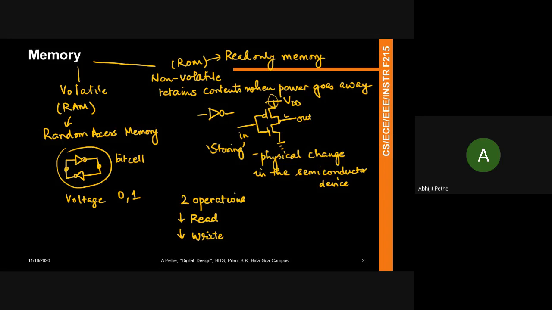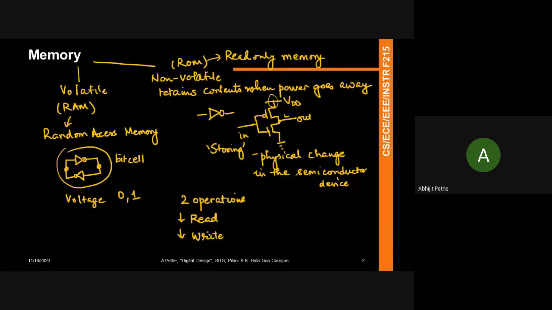So whenever you think about a memory, you can think of it as two operations. That is, the memory has some data and you want to read it, or you want to use this memory as a stopgap where you want to store certain data and use it later in the life cycle of the product, right? In that case, you use it as a place where you store some temporary data.